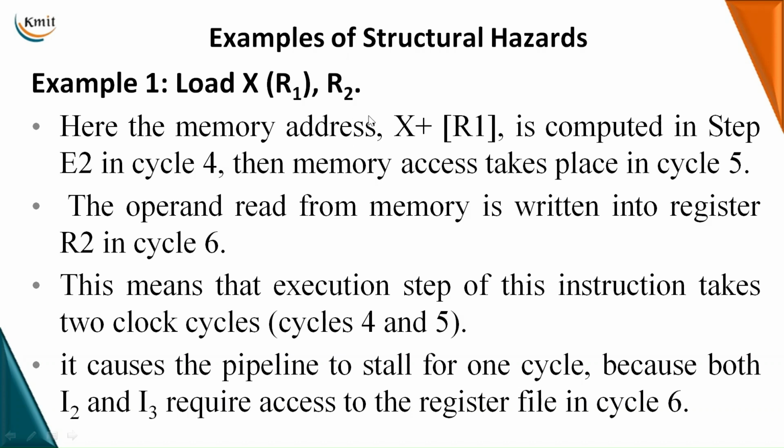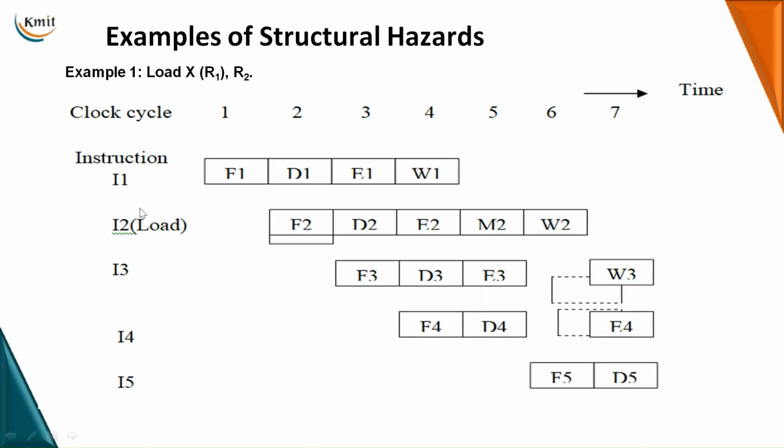Here the instruction I2 is a load instruction. It computes the memory address X plus R1 in the E2 stage, accesses the memory for the operand in clock cycle 5, and the operand is read from the memory and written into the register R2 in clock cycle 6.